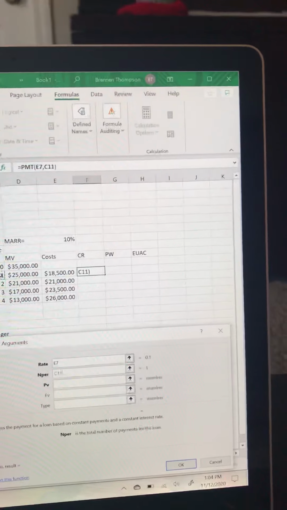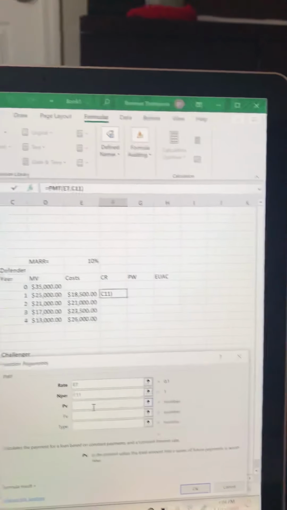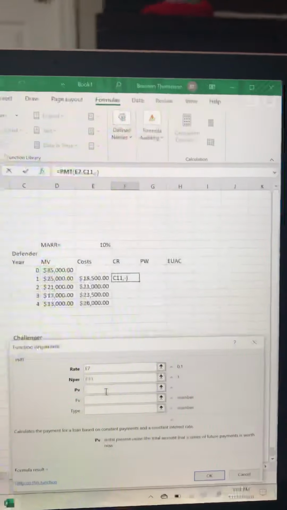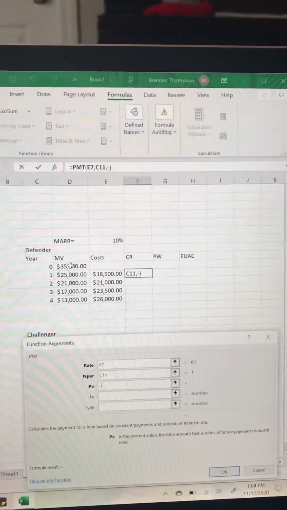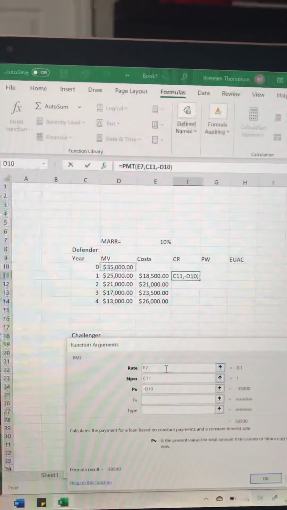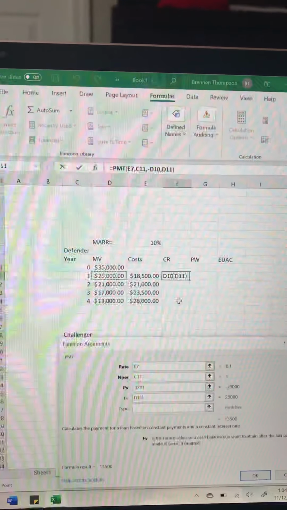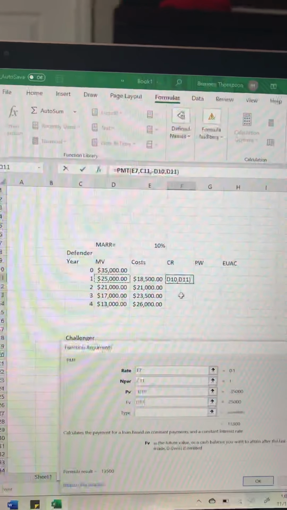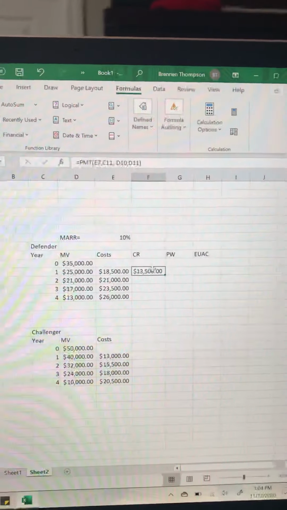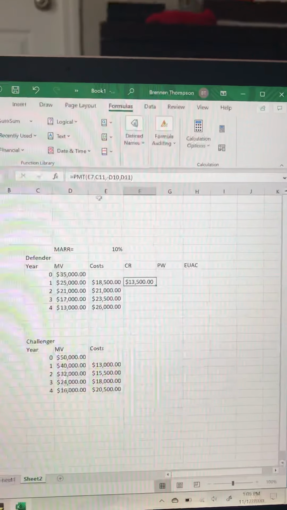The year, since it's year 1. PV is going to be negative. The present value is the market value that you got it for, and then the future value is what the market value at the end of year 1 is going to be. So it's going to give us 13,500.